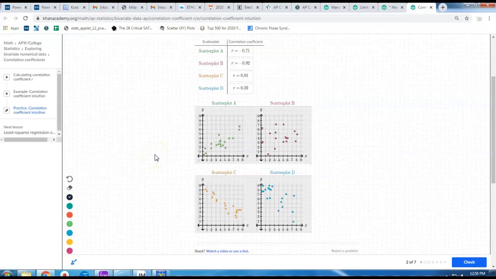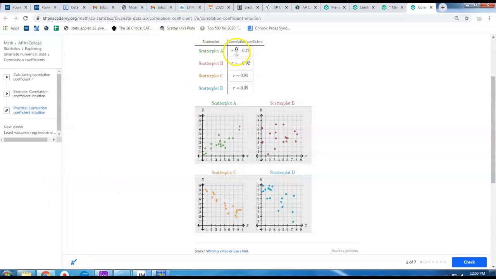There we go. We got numbers. All right. So I got two negative numbers, negative 0.71 and negative 0.92. The stronger one is negative 0.92 because it's closer to negative 1. This is a stronger negative relationship than this one is. So we're going to do this.